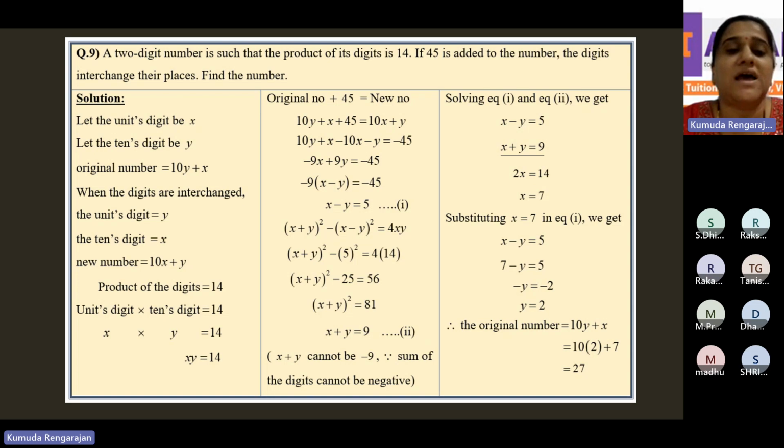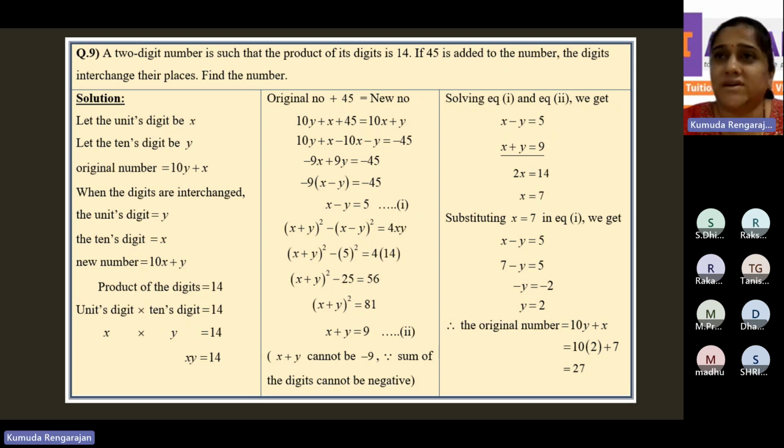Next line, when the digits are interchanged, below that, the units digit is equal to y. Tens digit is equal to x. New number is equal to 10x plus y.